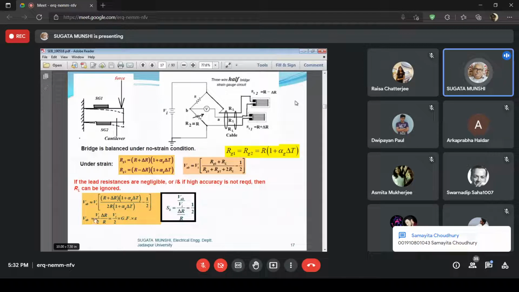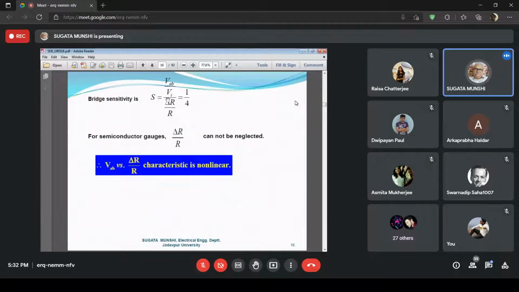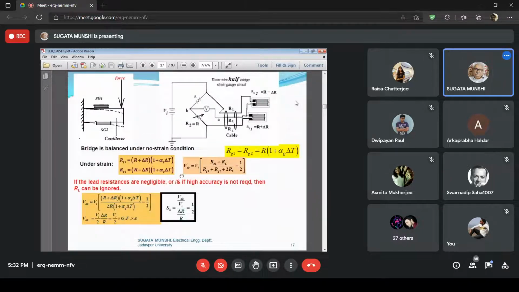So VAB becomes VI by 2 into gauge factor into epsilon. In the earlier case, the bridge sensitivity defined in this way, it was 1/4, you know that. Here, the bridge sensitivity is half.